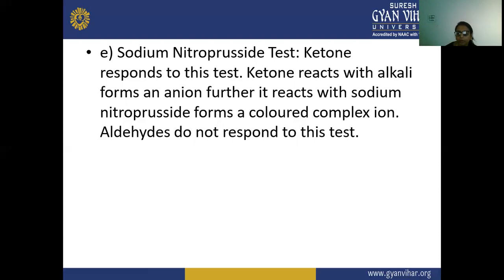So a colored complex ion is formed between this ketone and the alkali, and the aldehyde does not respond to this test. So if we have to differentiate between the ketone and the aldehyde, it can be done by these tests, because the four tests are not given by the ketone, and the sodium nitroprusside test is not given by the aldehyde.